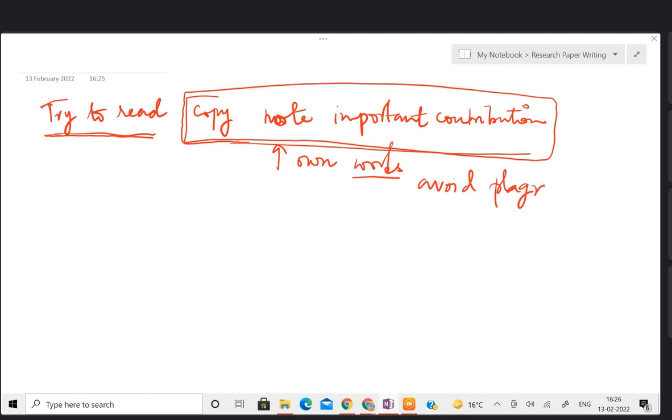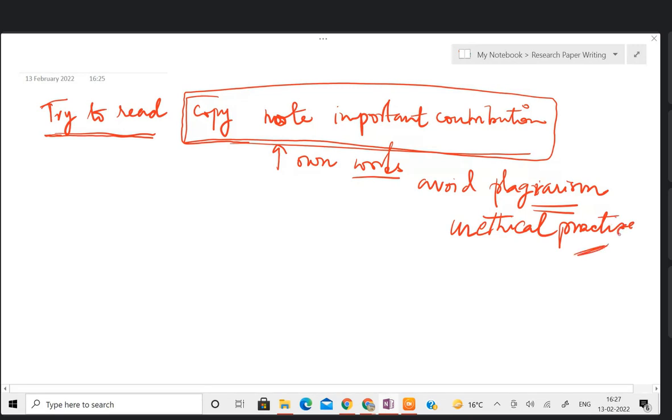I think I told you in the previous lecture, plagiarism is an unethical practice. Fine. So these are some of the important things that I was interested in sharing with you.